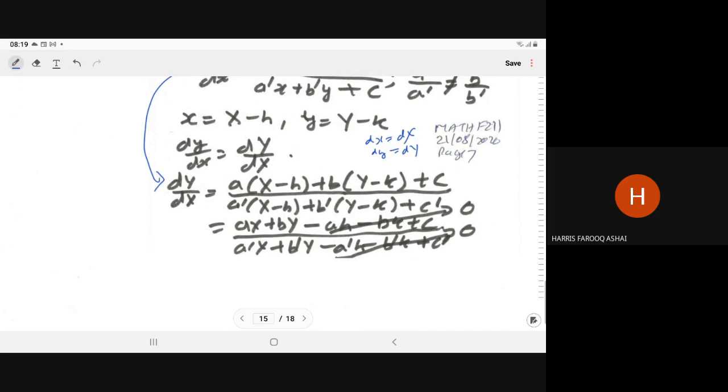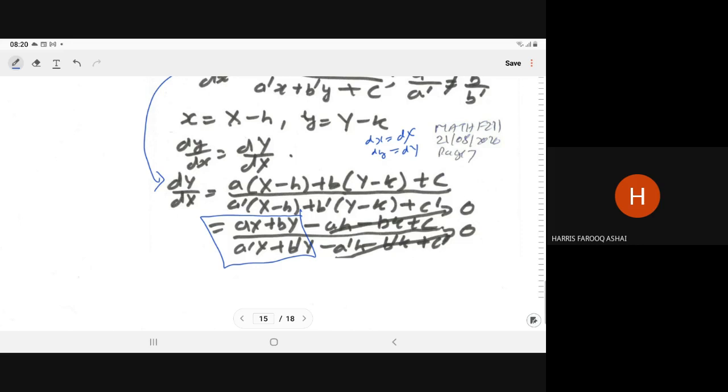In this case, it will give you aX plus bY upon a dash X plus b dash Y, which is the sign of homogeneity. Besides this, we have the extra term minus ah minus bk plus c upon minus a dash h minus b dash k plus c dash.